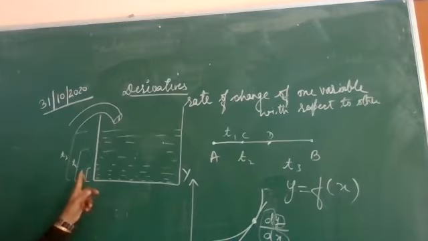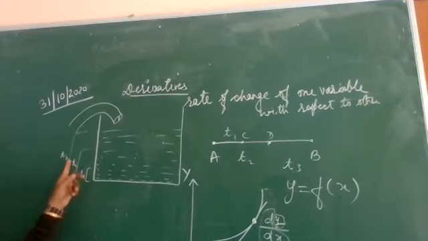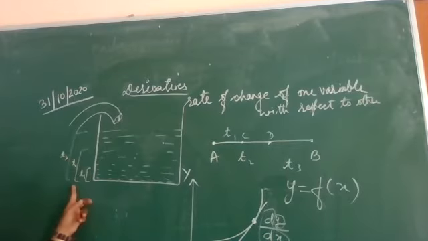Like we took here, the independent variable was t. At a particular time interval, we are taking the change in depth. So we can take depth as h, dh by dt.